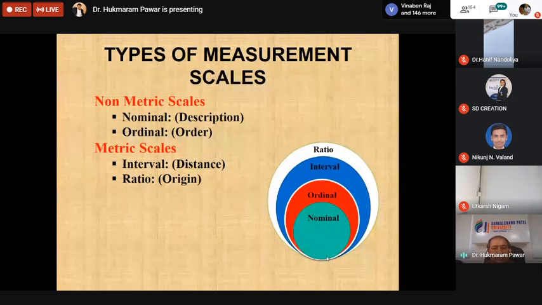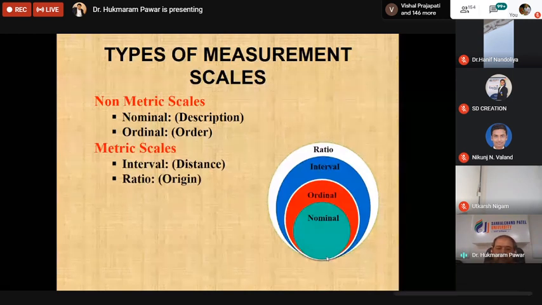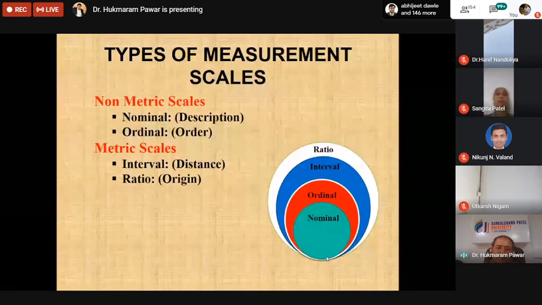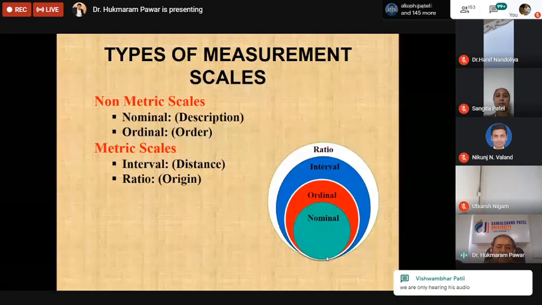These make it easy to understand what the scales suggest. Then there are non-metric and metric scales. Non-metric means qualitative, non-numerical data that we convert into numbers as per our requirement, and metric means data which can actually be presented in number form.